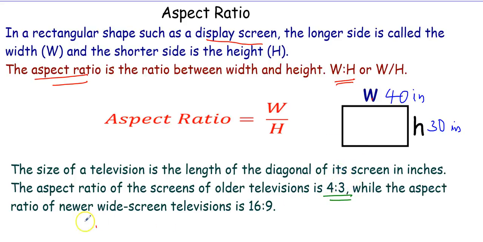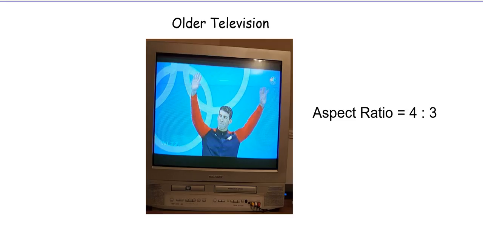But now in the newer version, we have widescreen televisions whose screens have an aspect ratio of 16:9. I have an example here about those two cases. Here we have a television of older generation, whose aspect ratio is 4:3.